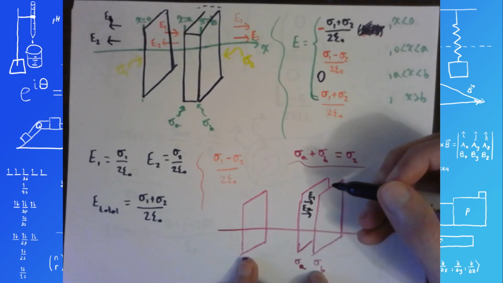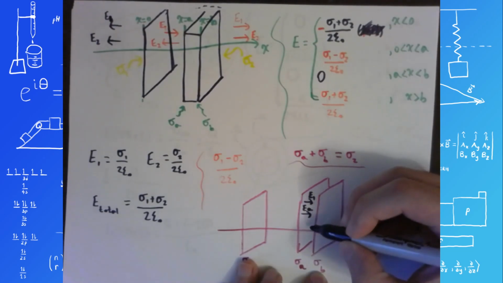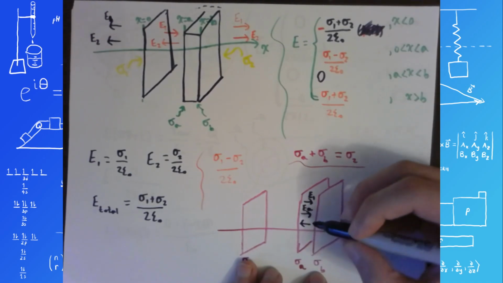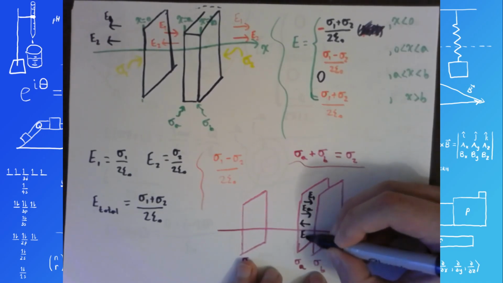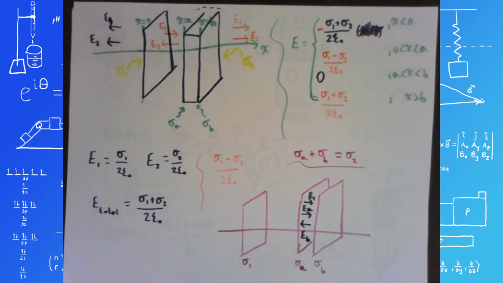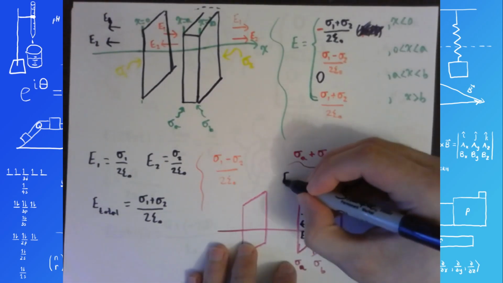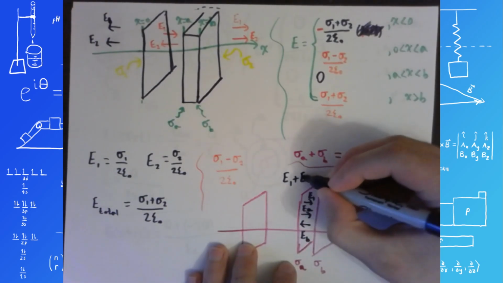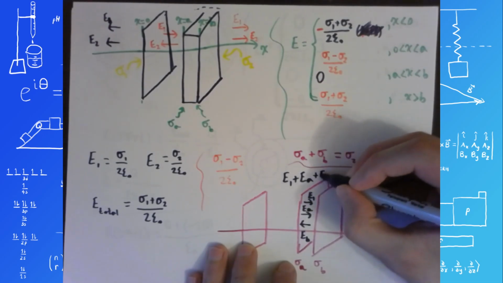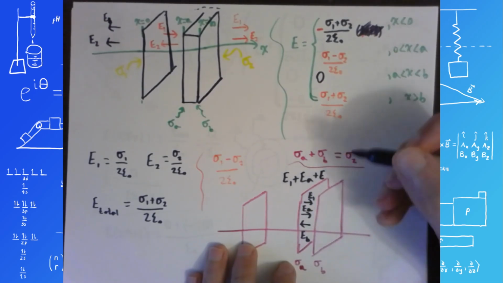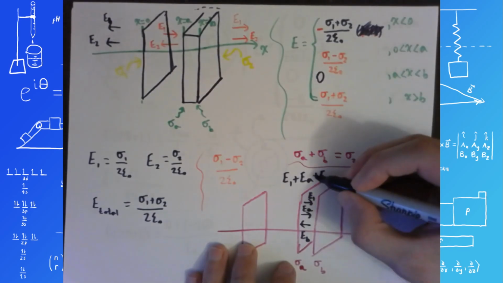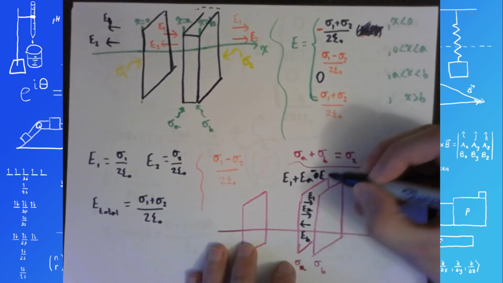And since I'm to the left of sigma B, assuming that sigma B is positive, EB would be to the left. And that all has to add up to 0. So E1 plus EA, well, actually, wait, no, minus EB has to equal 0.